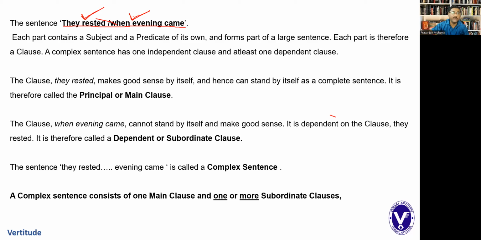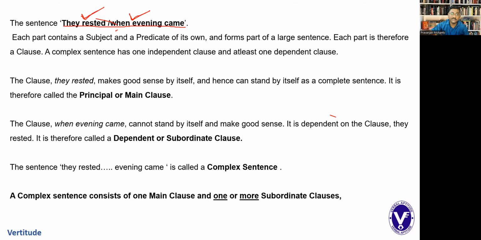So independent we knew, which can stand for itself, which has got a subject and a predicate. Dependent is which cannot stand for itself and it does not make complete sense. So it needs an independent clause to become a complete sentence.